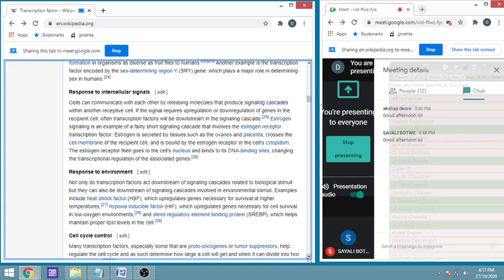It is secreted by tissues like the ovaries and the placenta. It crosses the cell membrane of the recipient cell and is bound by the estrogen receptor in the cell cytoplasm, and that will then go to the cell's nucleus and bind to the DNA binding sites, and it will change the transcription regulation of the associated genes. So this is how these activities are done.